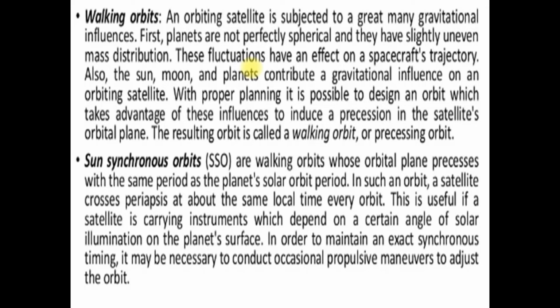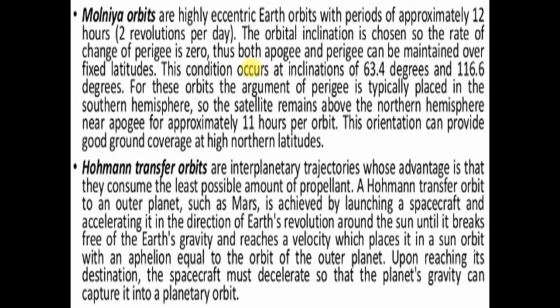Next, Molniya orbits. These are highly eccentric Earth orbits with a period of approximately 12 hours, that is, 2 revolutions per day, and the orbital inclination is chosen so the rate of change of perigee is zero. Thus, both apogee and perigee can be maintained over a fixed altitude.